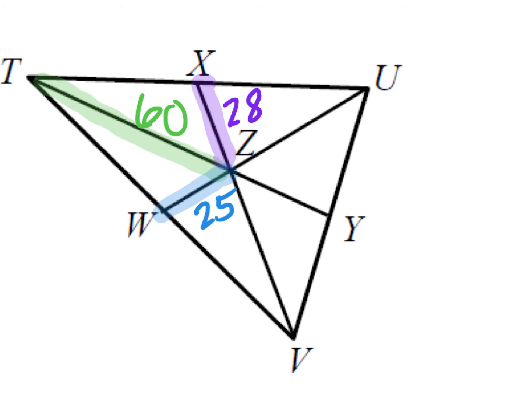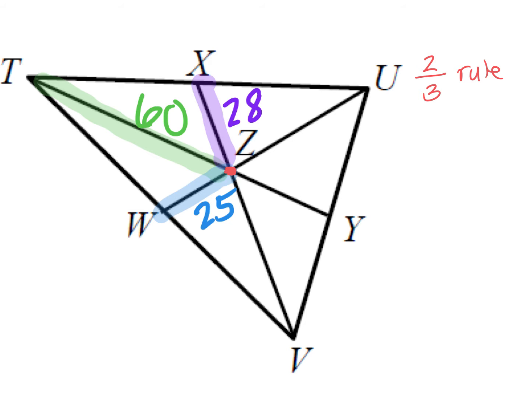So before I do that, since I know that Z is the centroid, and we are given information about medians, I'm going to use the 2/3 rule.